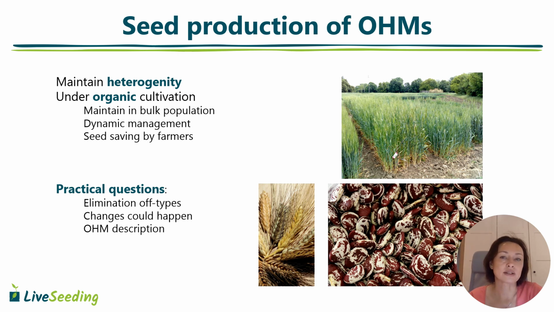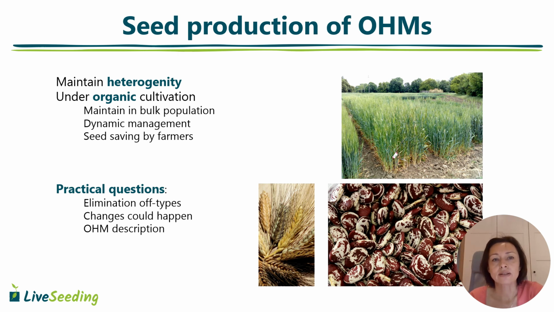Another approach is dynamic management, which is particularly suitable if the OHM consists of a mixture of lines and populations. In this case, the lines can be maintained separately, and OHM seed can be created by combining these separately produced seeds. It is important to note that OHM seed production typically involves farm-saved seed.